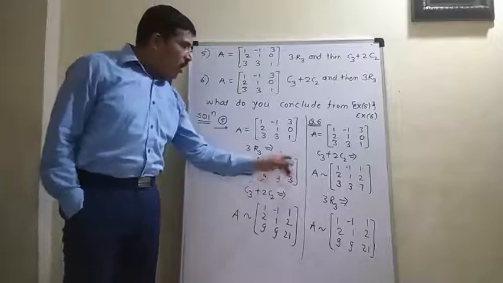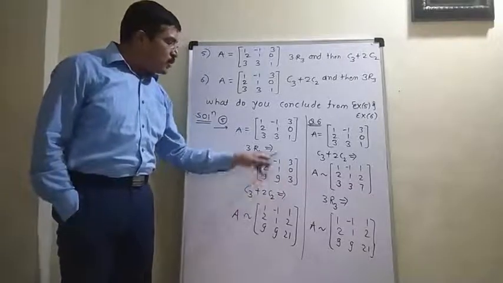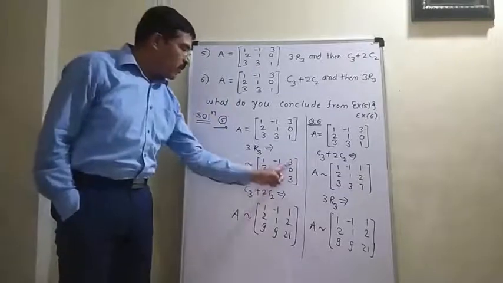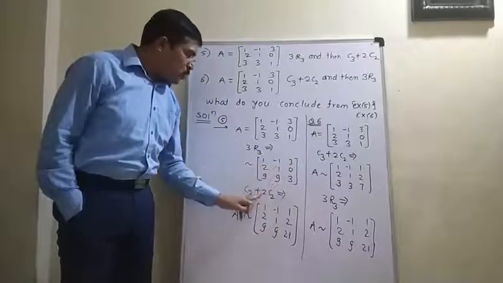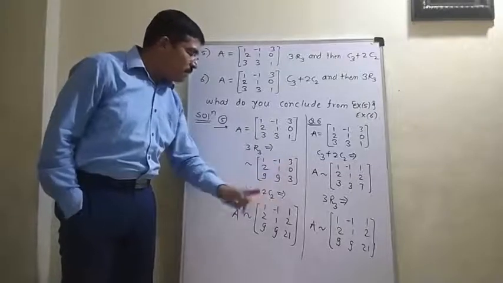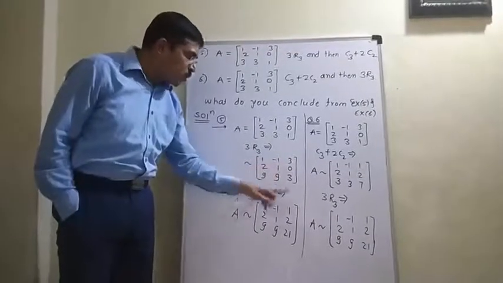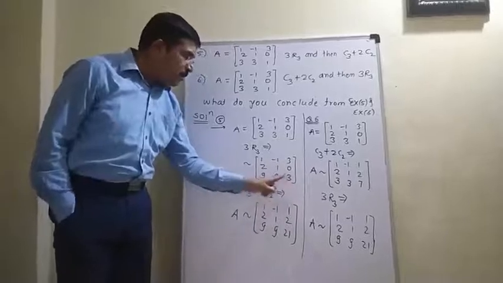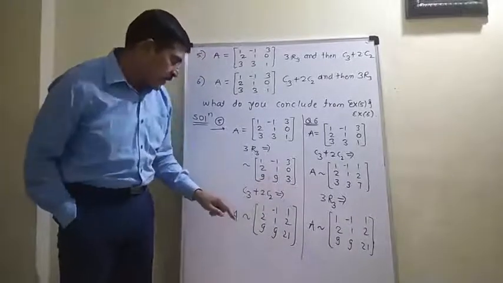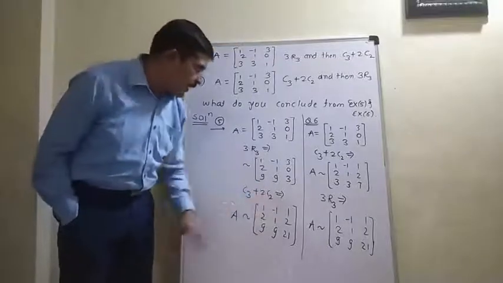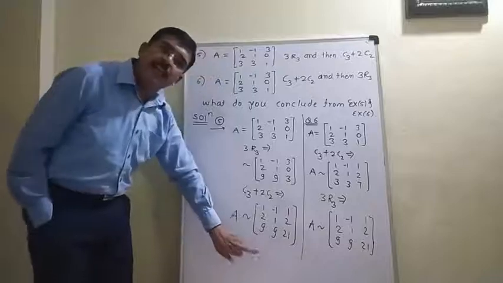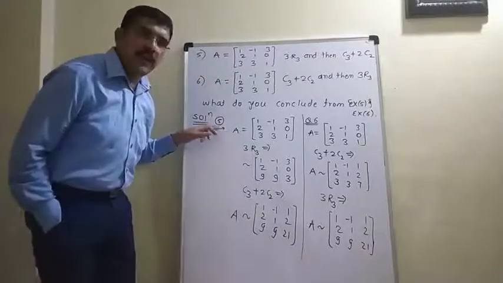You have to add all the members of the second column multiplied by 2 to the third. It means here 3 plus twice of this. 3 minus 2, it becomes 1. 0 plus 2 1s are 2, it becomes 2. And 3 plus 9 2s are 18, that is simply 3 plus 18 becomes 21. And keeping the first and second columns same, we get the answer of question number 5.